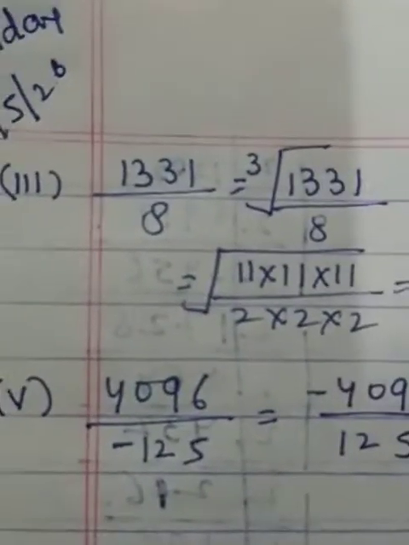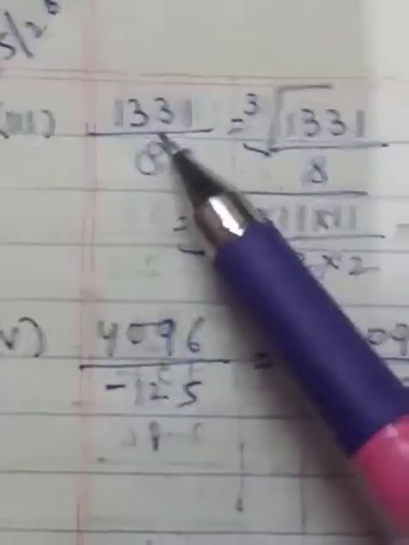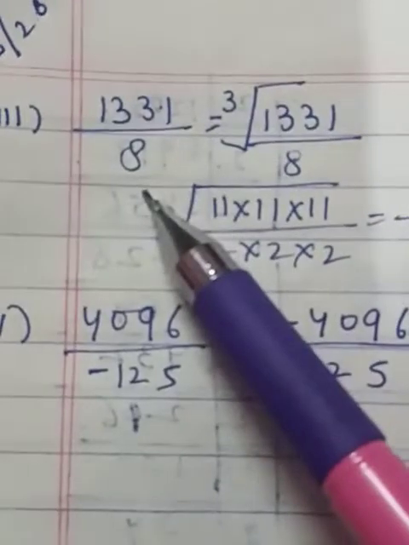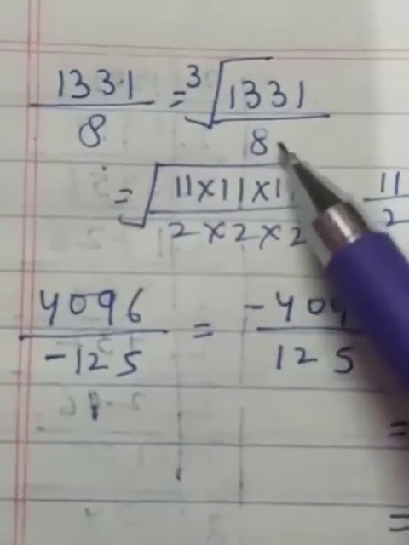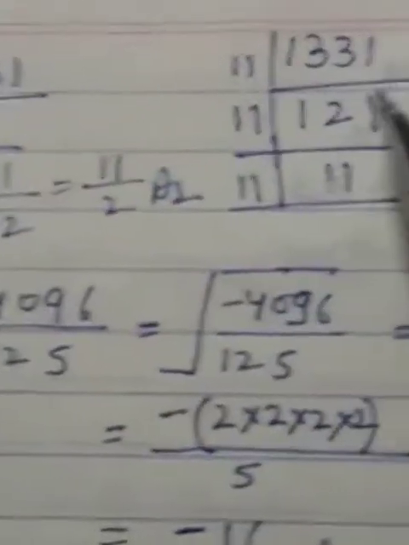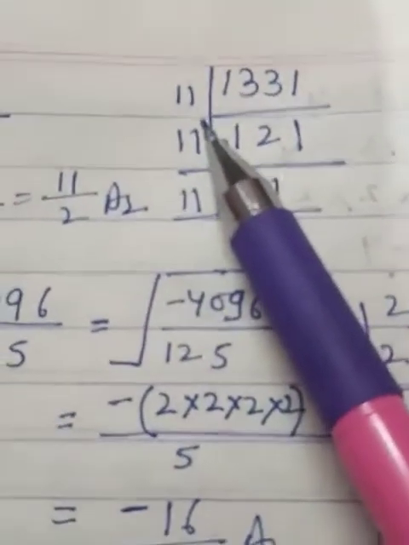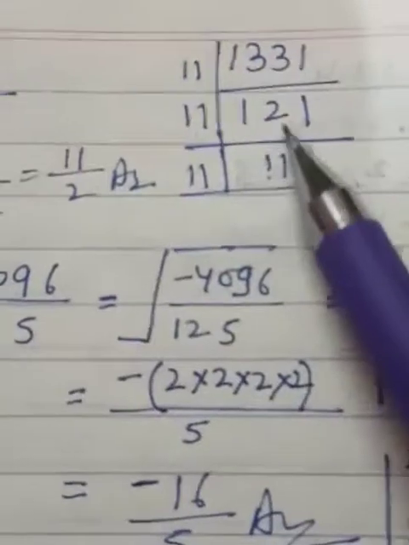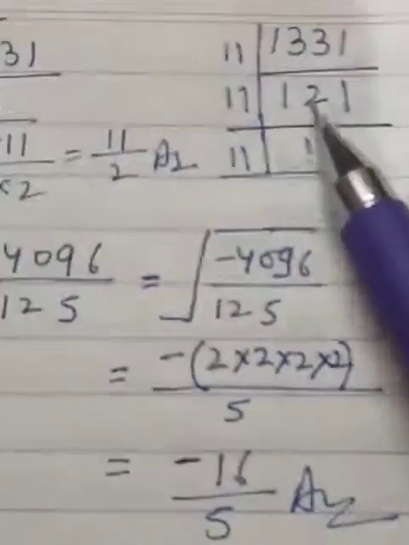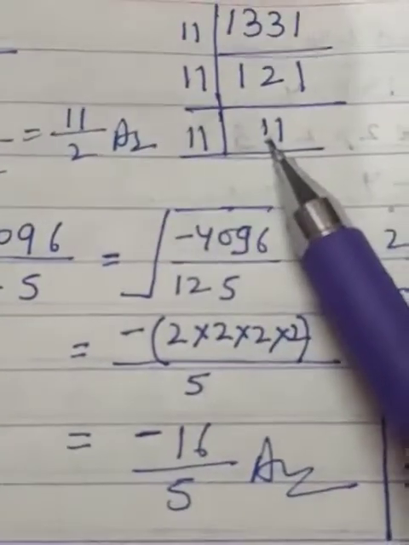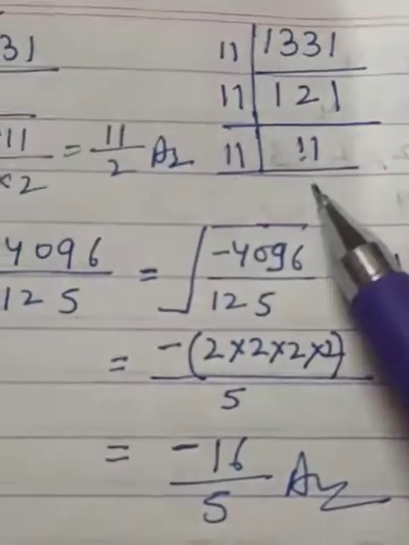Next question, third part: cube root of 1331 upon 8. Simple, we find the LCM of the given number. This number will be divided by 11, so we get 121. 121 again divided by 11, we get 11, again divided by 11, we get 1.